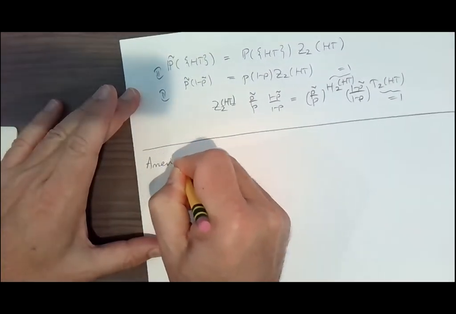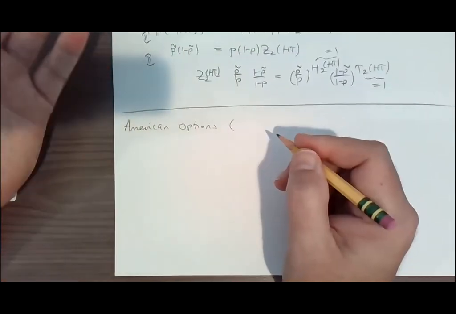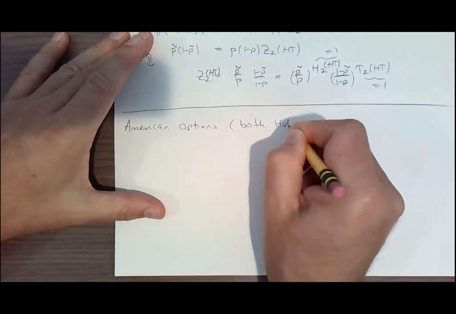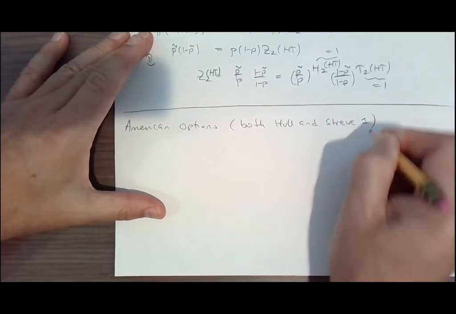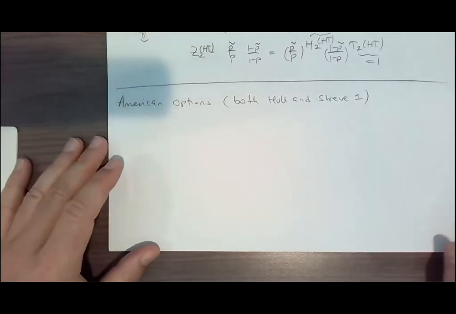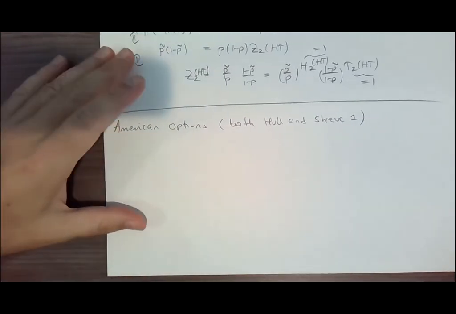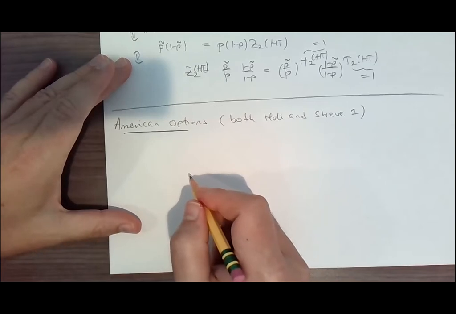To read more about American options, both Hull and Shreve 1 have lots of material on American options. The new feature: the ones we had before were called European options, right?